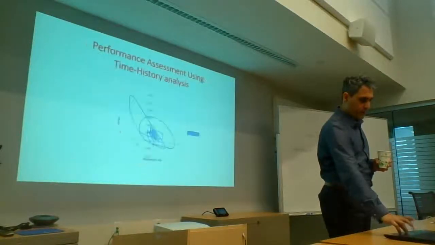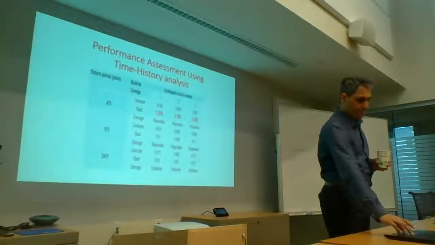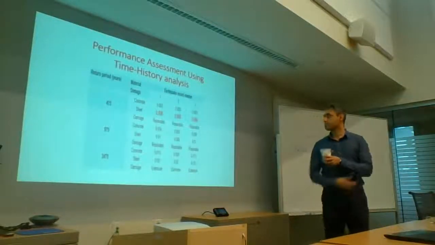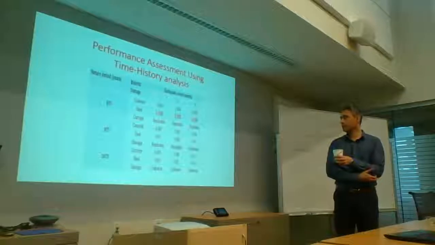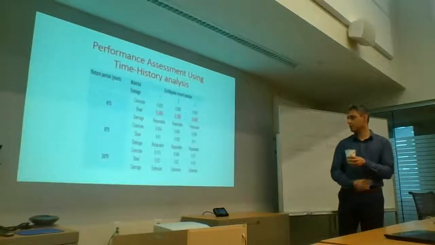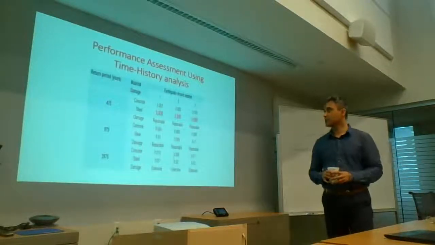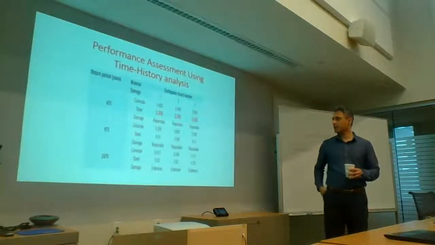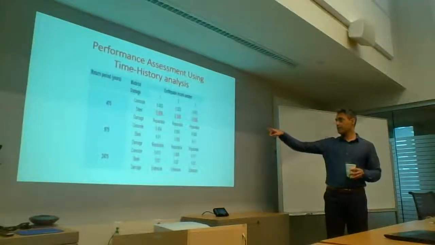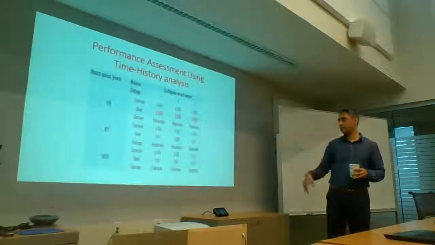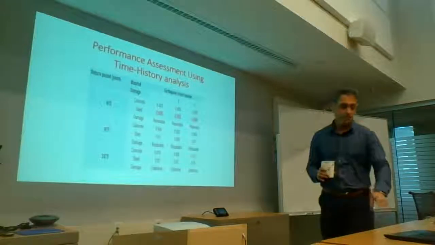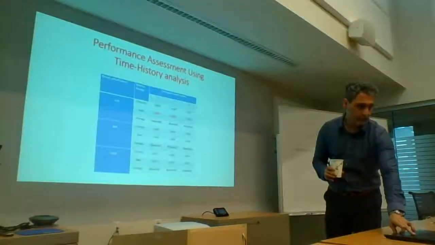What we found was we were not able to get to that 0.002. It was just impossible to get to that. This is just showing you some material strain values. At 475, we're hitting repairable, and for 2475, we're extensive. We just couldn't make that work.